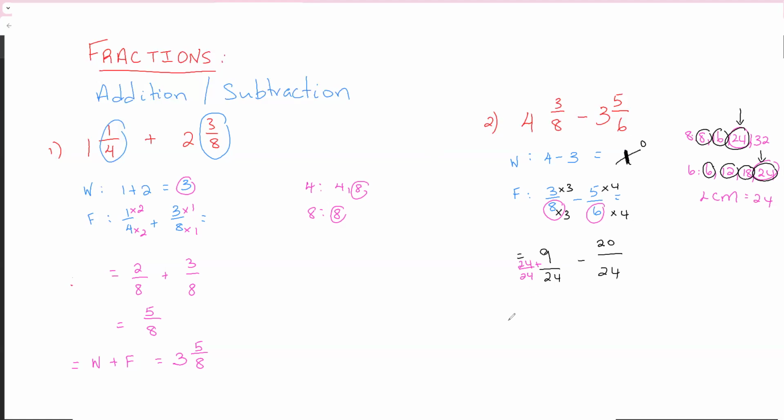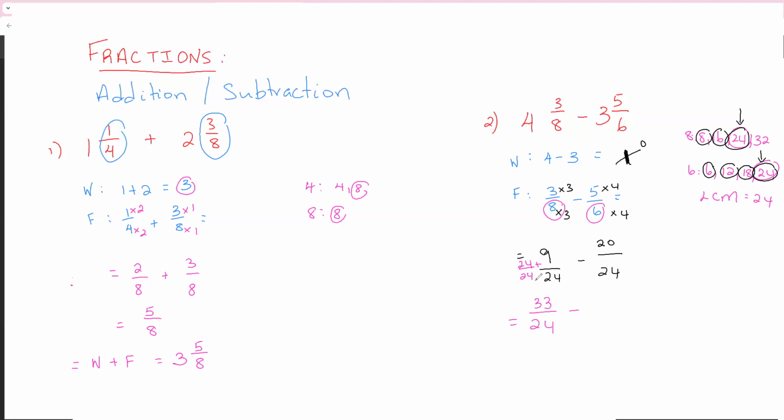So the denominators are the same. The denominator stays the same. And then we're going to add the numerators. 24, add 9, 24. Check your fingers, check your toes. But remember, at this stage, no calculators. So 24, add 9, I got 33.